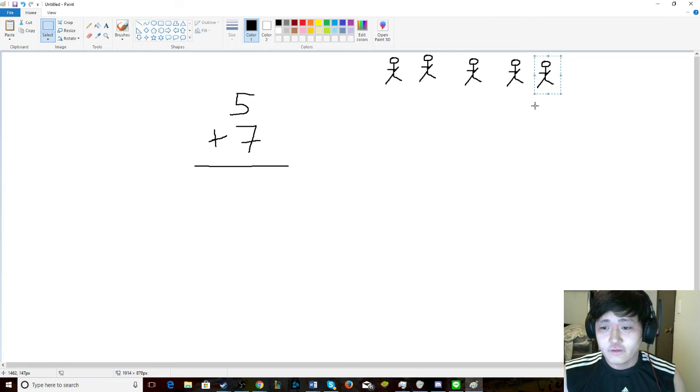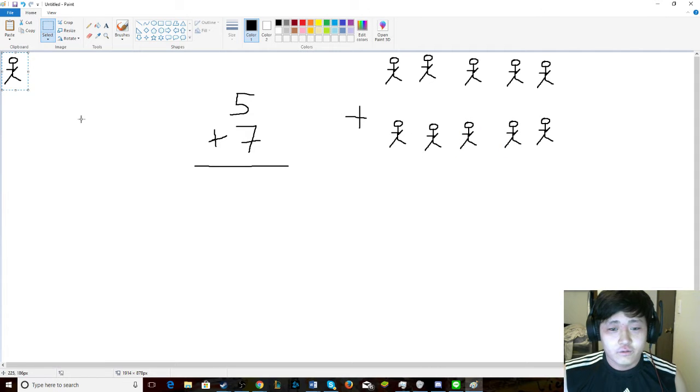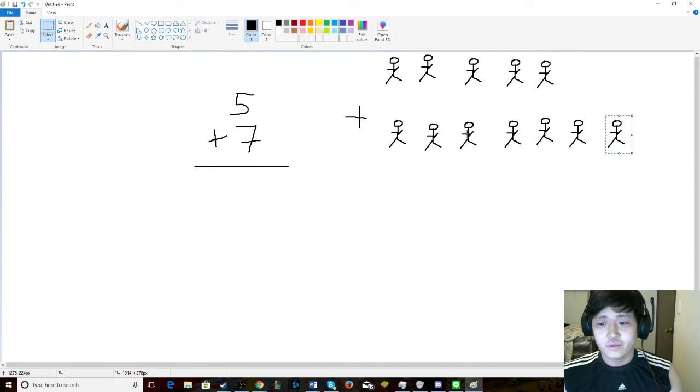So we start out with 5 kids, and these 5 kids become friends with 1, 2, 3, 4, 5, 6, 7 other kids. So 5 plus 7 gives us how many kids in total?